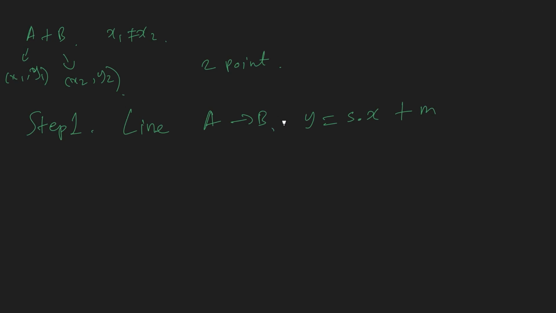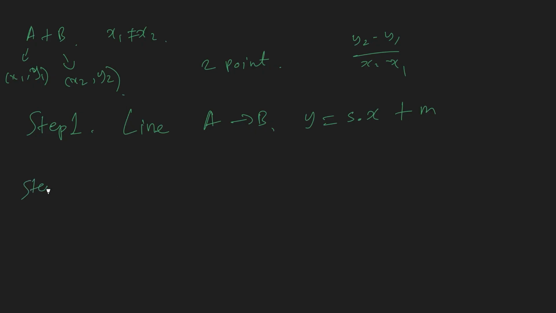So you can derive an equation of this particular form. The slope is very easy to find in this case. It's simply (y2 minus y1) divided by (x2 minus x1). I think m will be some other value based on how you choose x1 and y1. Whatever.